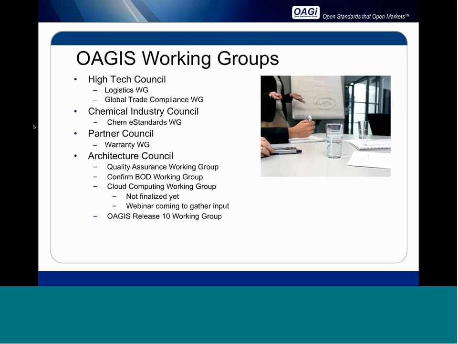There's the Architecture Council with its Quality Assurance Working Group, Confirm BOD Working Group, Cloud Computing Working Group, which is in progress, and we'll touch on that again in a few minutes. And then the OAGIS Release 10 Working Group. And that last point there, the OAGIS 10 Working Group is a big effort, and there are weekly 3-hour calls to move that project forward.